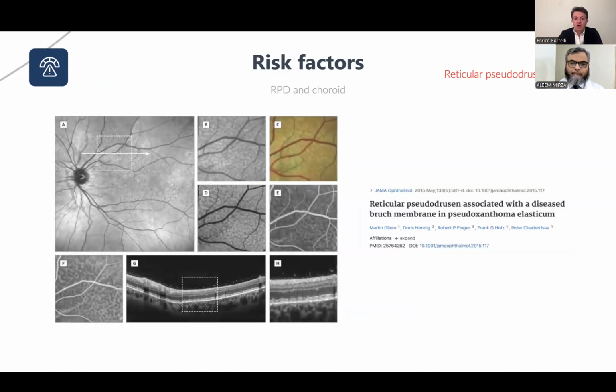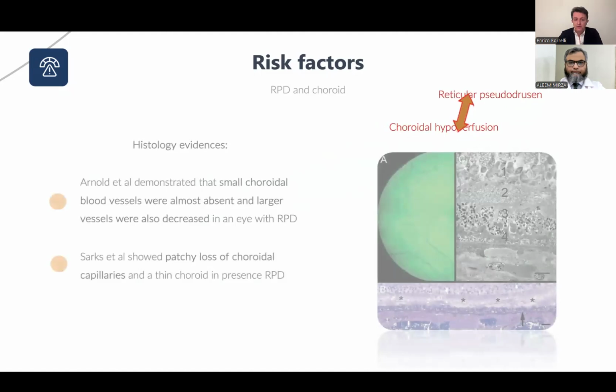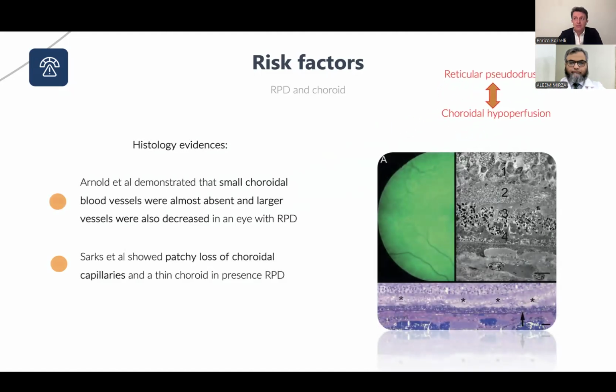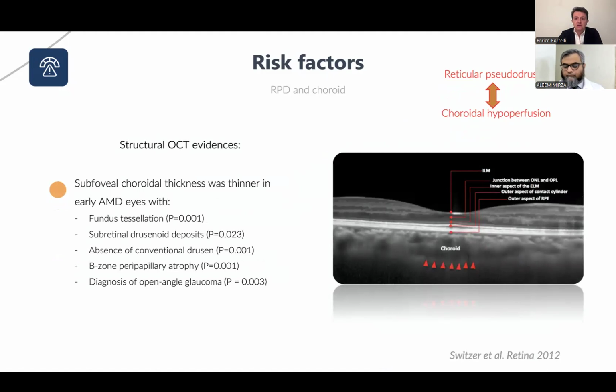Reticular pseudodrusen are common also in other disorders, or they are not unique to AMD. They may also affect patients with angioid streaks. And reticular pseudodrusen are a very common risk factor for type 3 macular neovascularization. Another one is choroidal hypoperfusion. We know that the choriocapillaris may be affected in patients with AMD, and we may want to study the choroid using structural OCT.